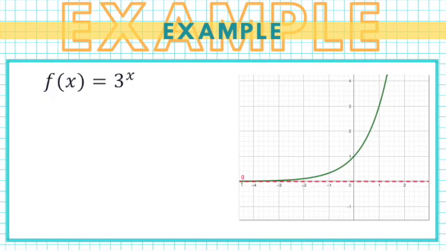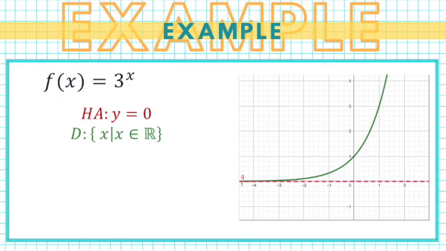Since the asymptote coincides with the x-axis, we can say that the horizontal asymptote is the line y equals 0. Second is the domain of the function. Again, by definition, the domain of any exponential function is the set of real numbers. Thus, we write the domain as x such that x is an element of real numbers.